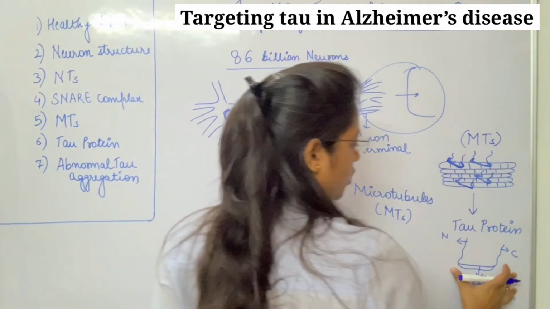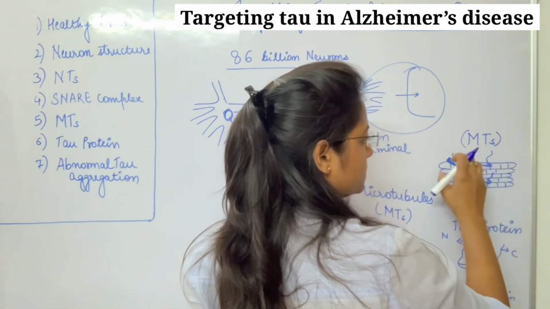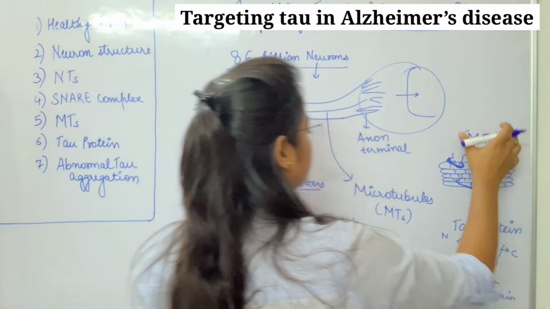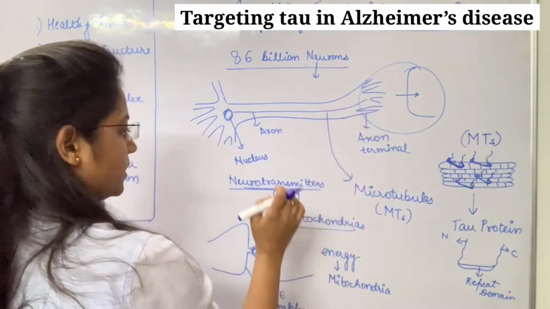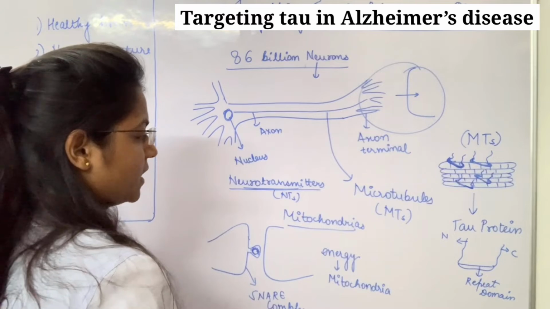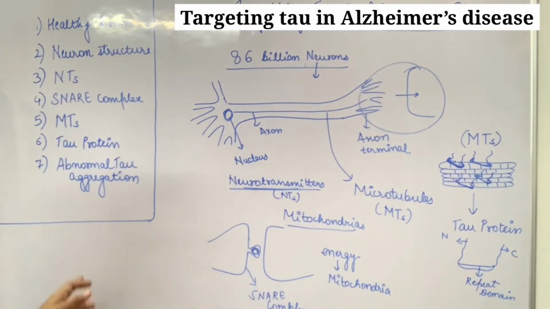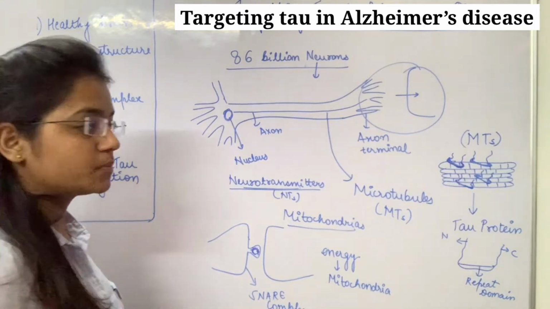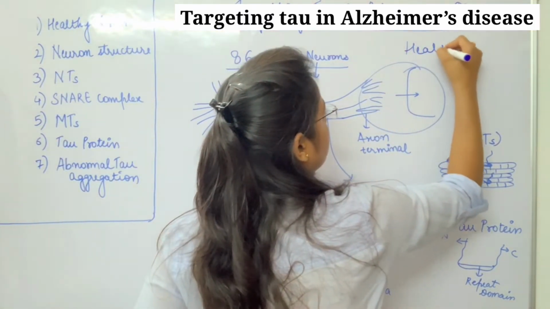So these are the tau proteins which are present on microtubules. They provide support to these microtubules, and these microtubules are used for neurotransmitter transfer, and mitochondria are also transferred via the same route. This was all in a healthy brain.